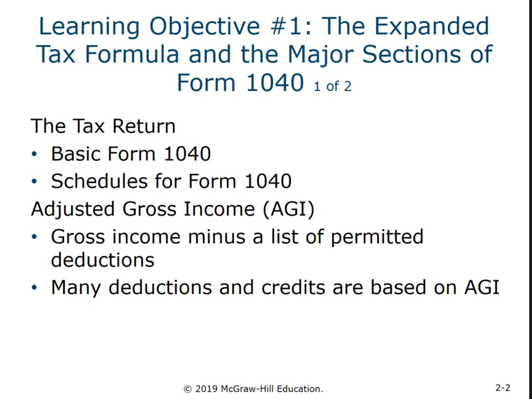And then you have additional taxes beyond the regular income tax on Schedule 2, and you have some of the common credits or payments that we'll spend more time on in another chapter on Schedule 3. Again, those, like we talked about in Chapter 1, flow to the 1040.